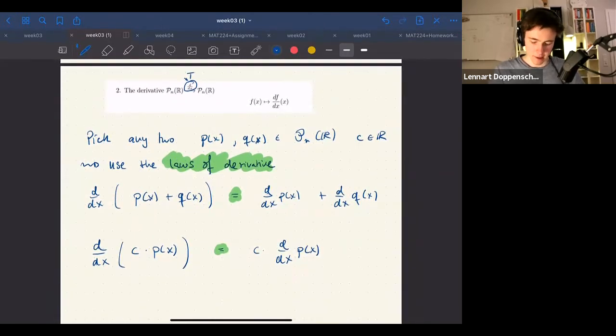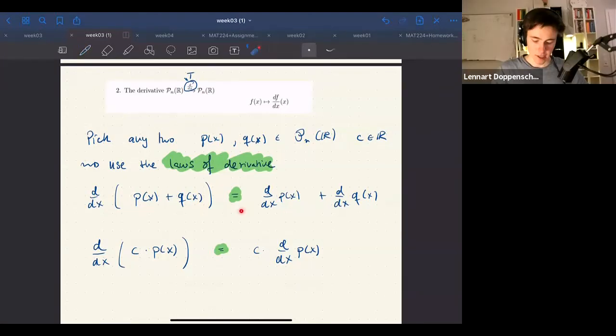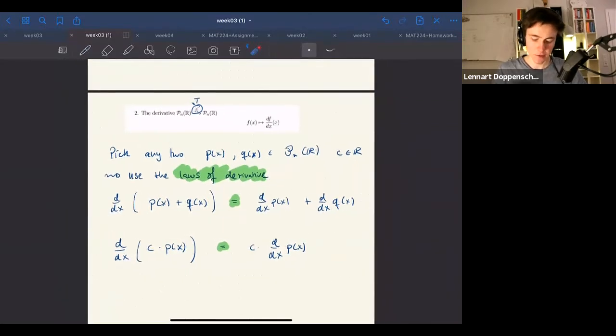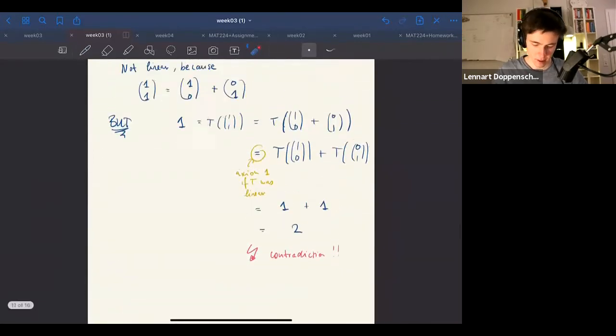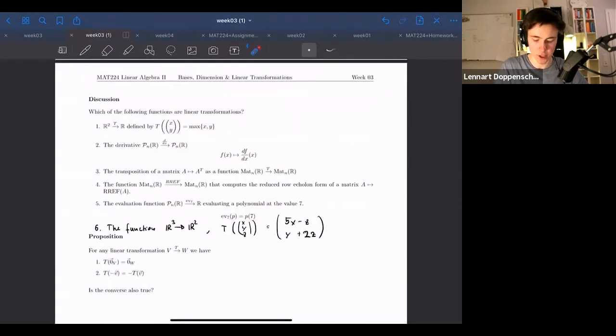But the core of what we're doing is nothing new. We're observing that this law that you learned many years ago is actually part of a more general structure of a linear transformation. So there's no difference between the laws of a derivative and, say, the laws of transposition of a matrix.